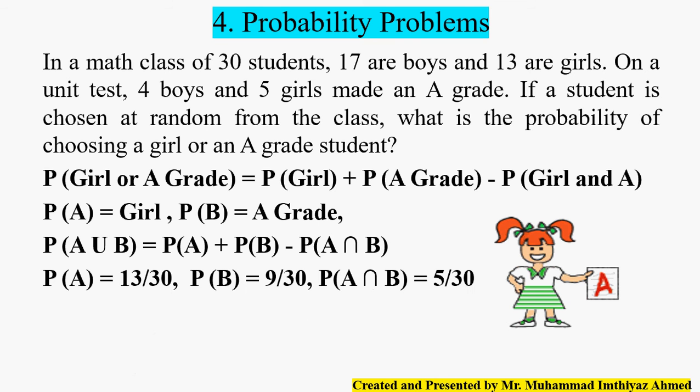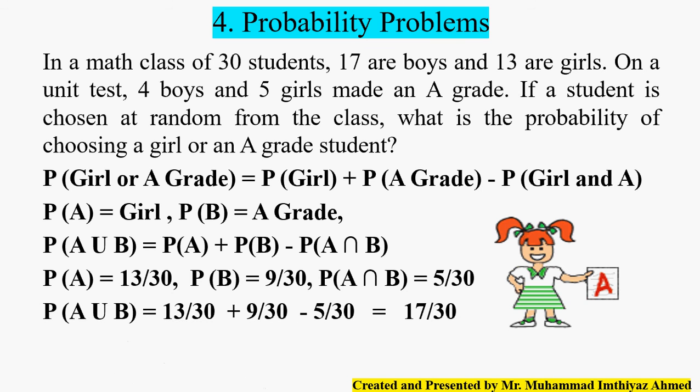Probability A is 13 by 30, that is total girl students. Probability B is A grade, total 9 students out of 30. Probability of girl students getting an A grade is 5 by 30. So by using this formula above, we get the answer 17 by 30.